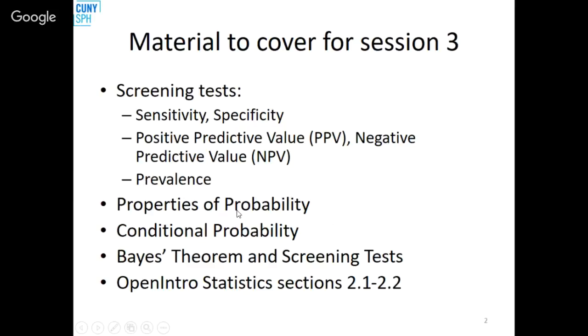And then we'll also talk about some more general things about probability and Bayes' theorem and how that relates to these screening tests. And all of this is covered in the first couple of sections of your textbook in Chapter 2.